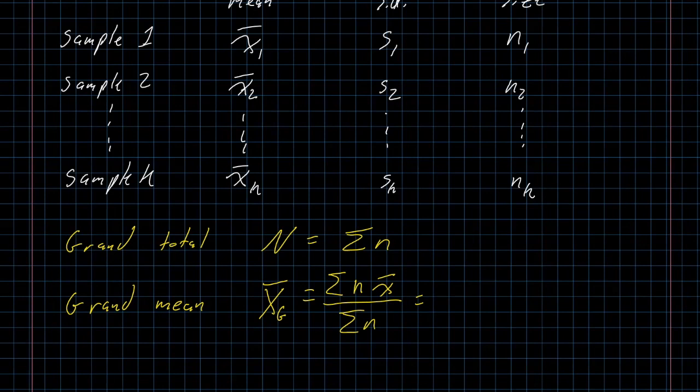Or we could make things a little bit simpler. Sum of n times x bar all over the grand total, capital N. We've already calculated it. We can use it here. But I wanted to show you that first step to remind you that what we're doing here is taking a weighted average. There's nothing all that weird going on.